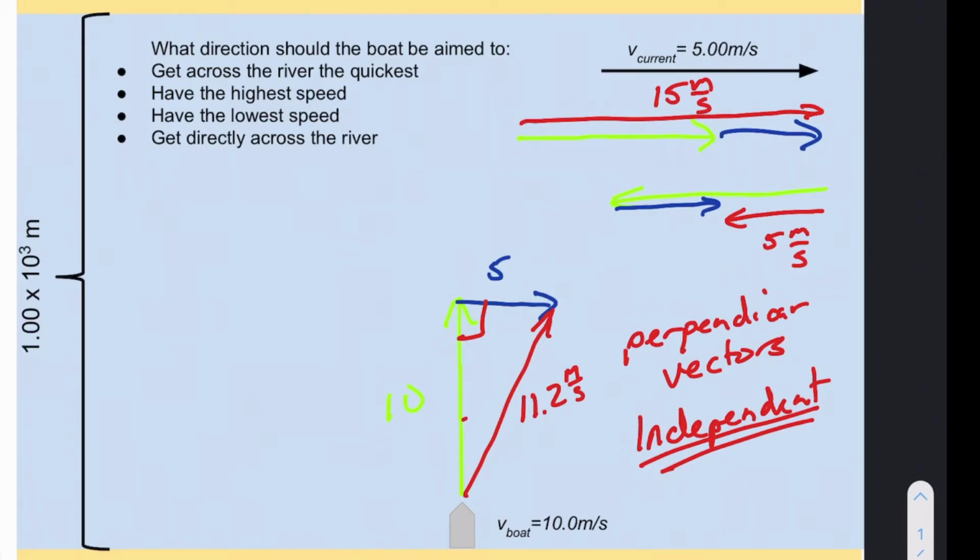And we would also need to take an angle, either that angle or that angle. And when we do that, I'm going to do inverse tangent. And whenever we do angles in physics, we do them with degrees. So you have to be in degree mode. So inverse tangent of 5 over 10. And that is 26.6 degrees from across the current.